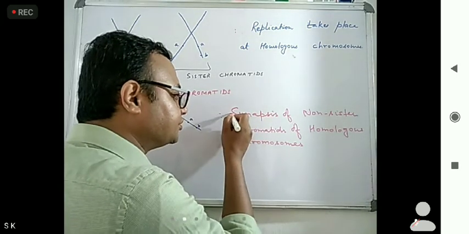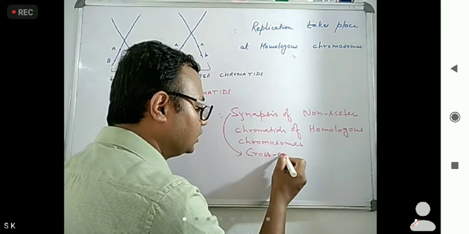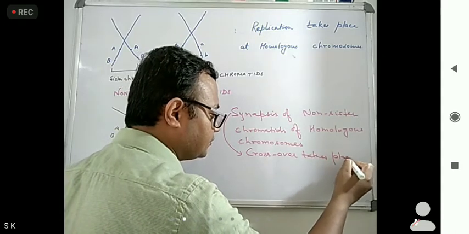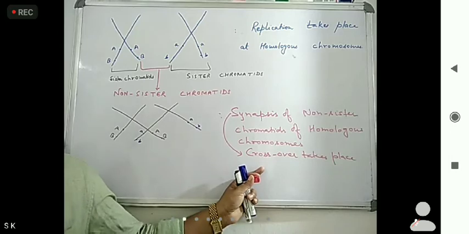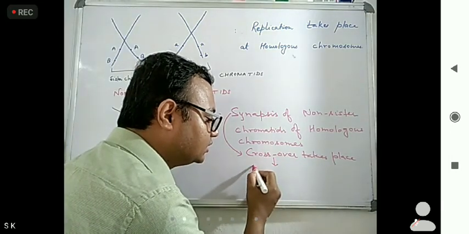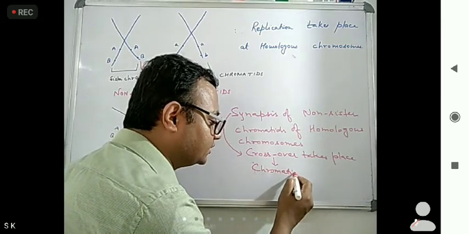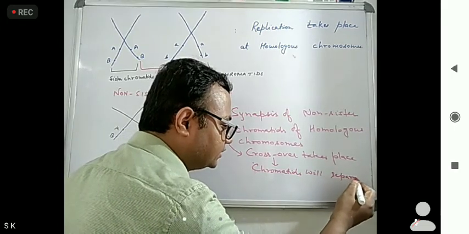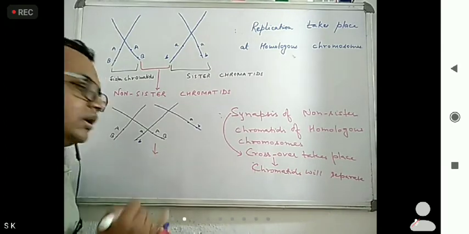And due to synapsis, what result came? Crossover takes place. Then the chromatids will separate.